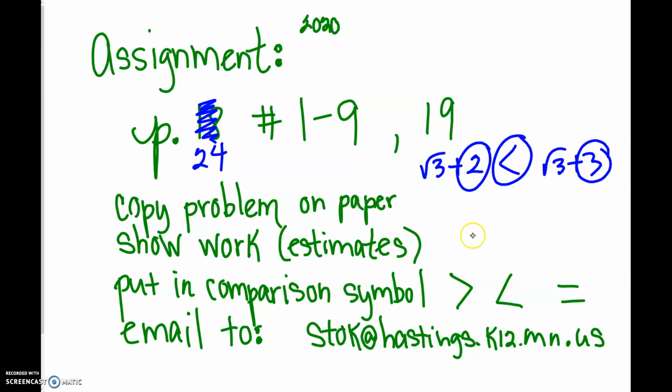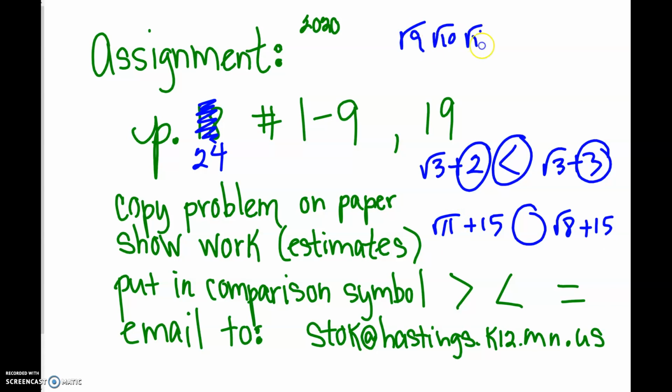So the second problem is the square root of 11 plus 15 compared to the square root of 8 plus 15. So if we're going to compare, we want to look at the square root of 9, square root of 10, square root of 11, square root of 12, square root of 13, square root of 14, square root of 15, square root of 16.